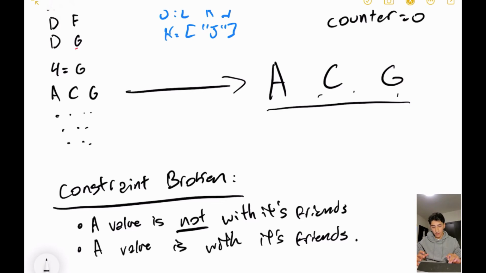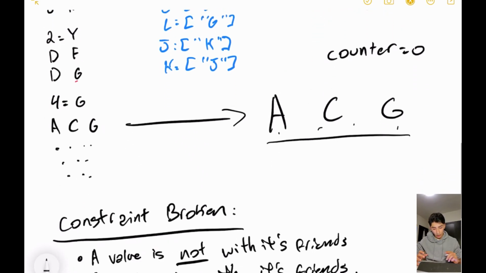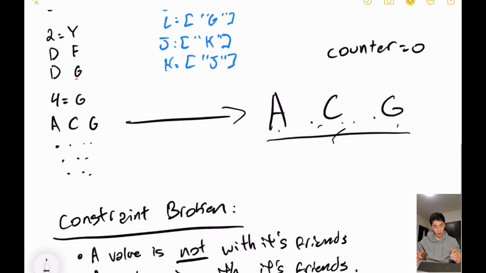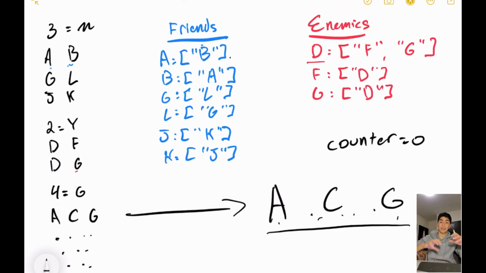We're gonna find the friends of A, which, by the way, are just B, and we're gonna go, is B in the rest of the values? No, right? So counter plus plus. Now we go, does A have the key A in the enemy section? No, it is not, so we just skip it.